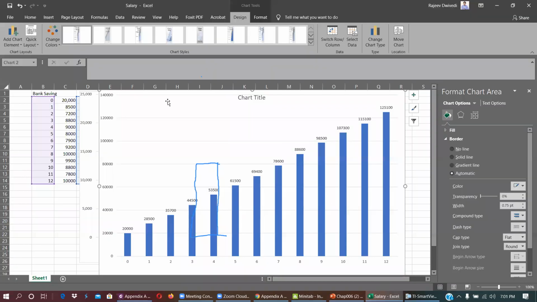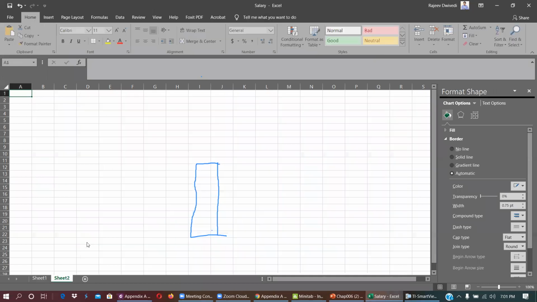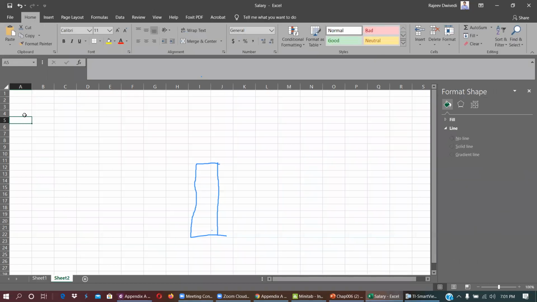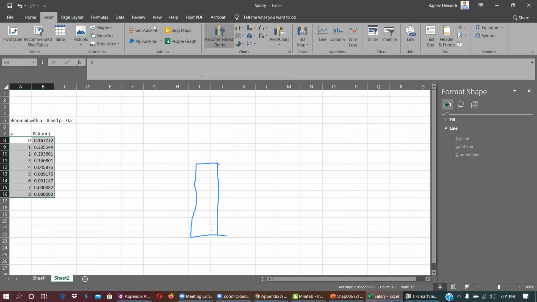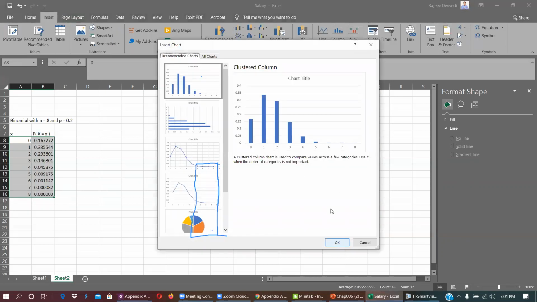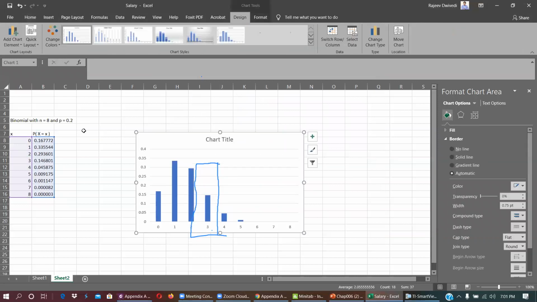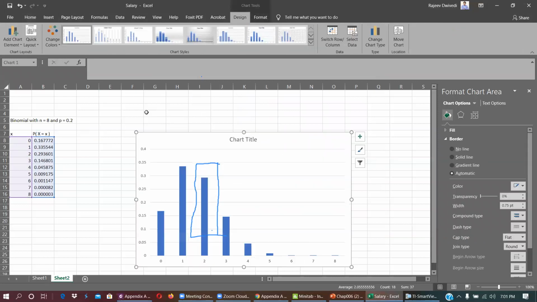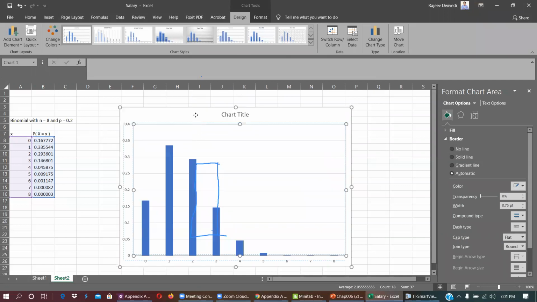What I will do here, I will use the next sheet, because this is the assignment that is there: draw the PDF function and CDF function for pi. Okay, now what I need to do, I need to select this, insert, and this is my PDF function for a particular pi, particular number.